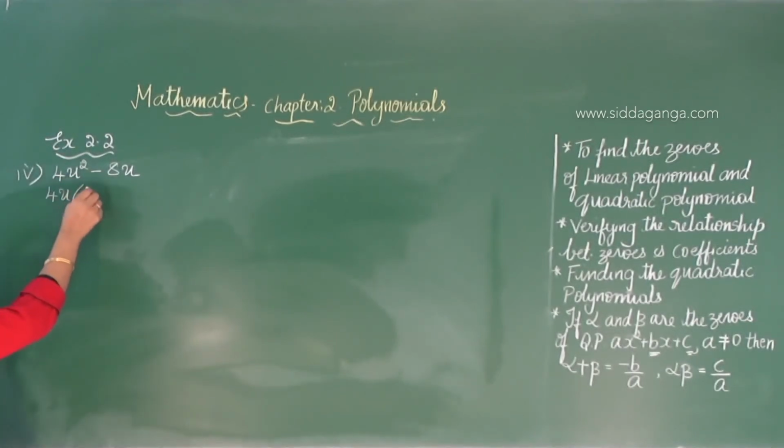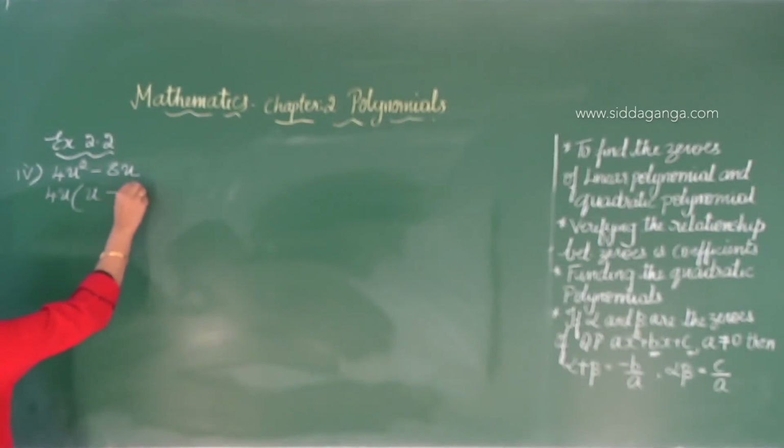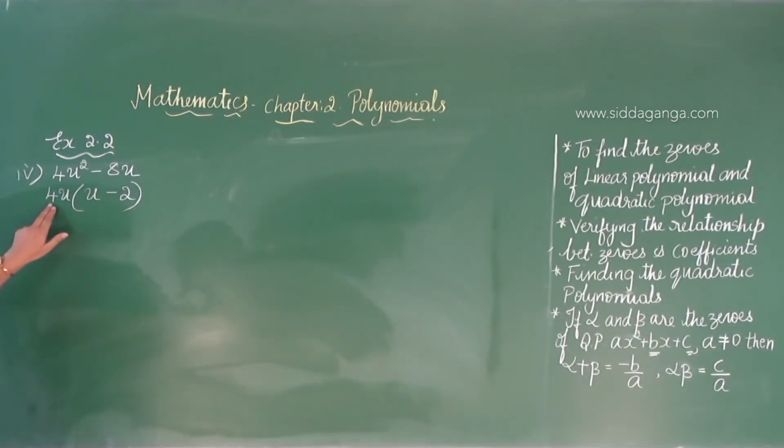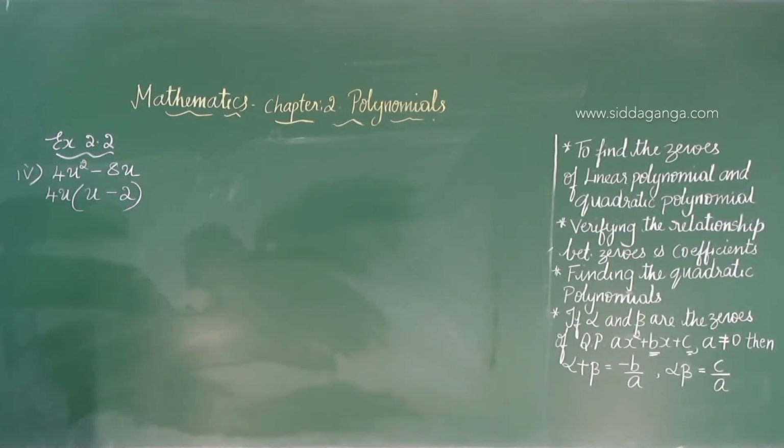Now what is remaining here? u minus 2. Just observe, 4u into u gives 4u square, minus 4 2s are 8u. So this is P of u, P of u is equal to 4u times u minus 2.